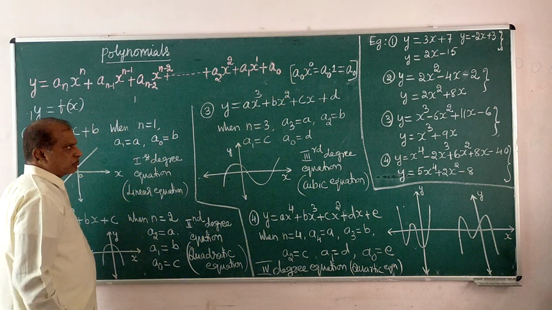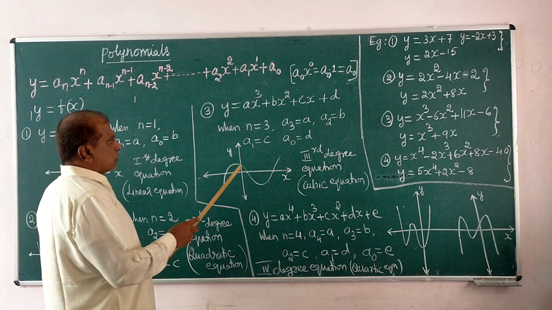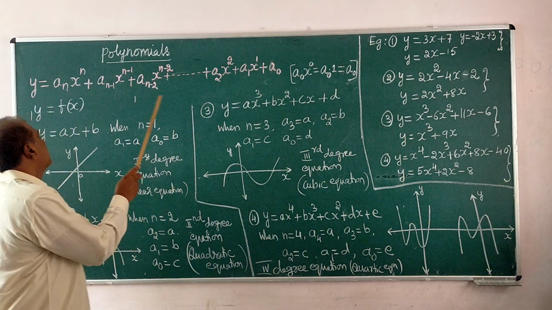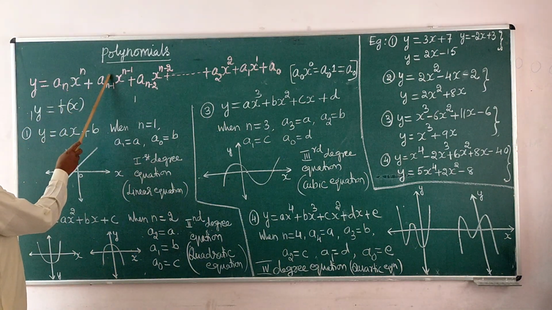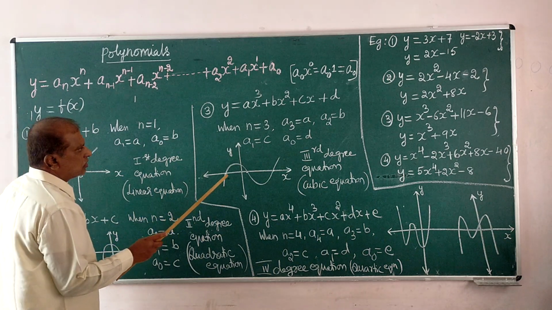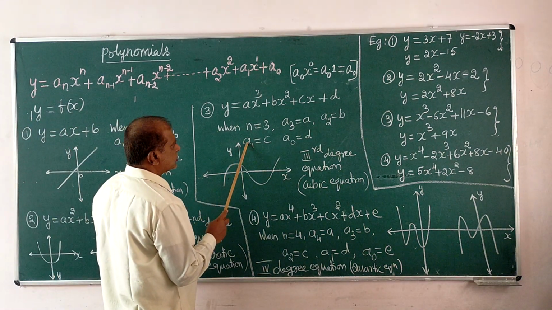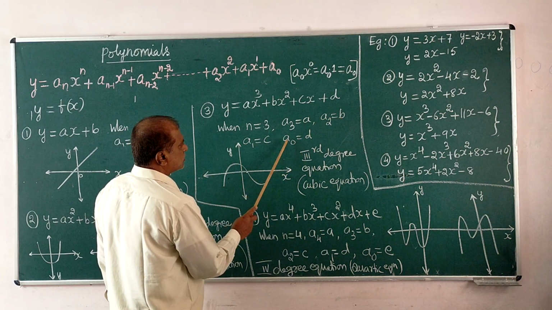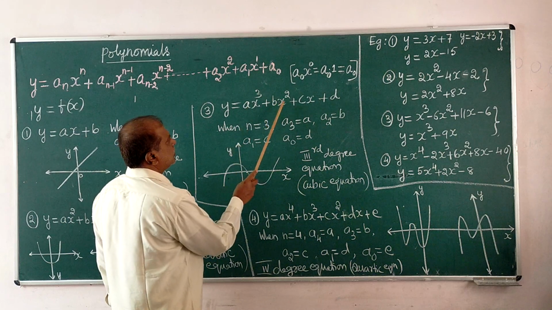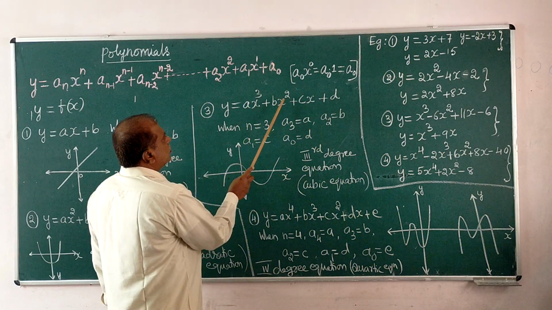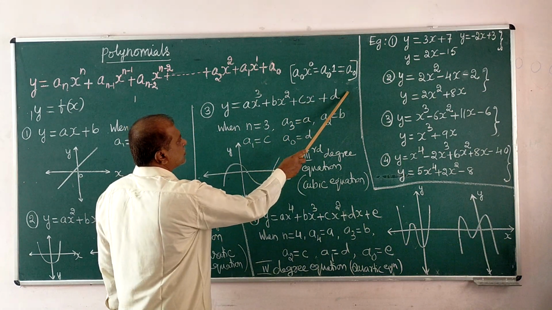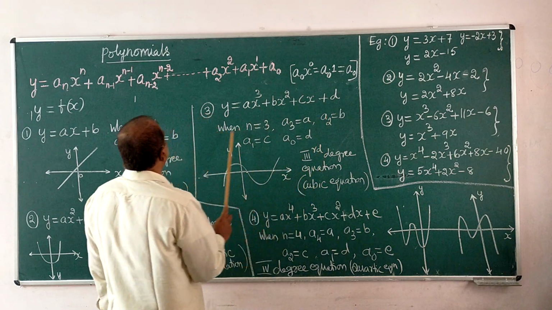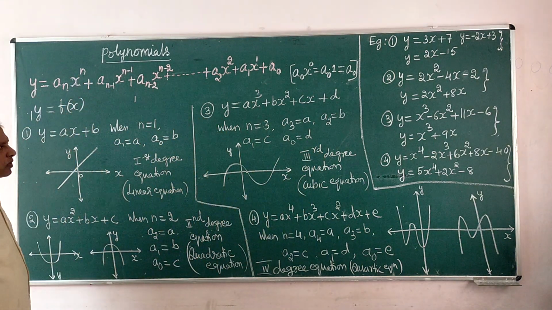These are the coefficients. Let us call them a, b, c and d: x cube, x square, x to the power of 1, and x to the power of 0. This is the polynomial we get when you feed n equals 3.